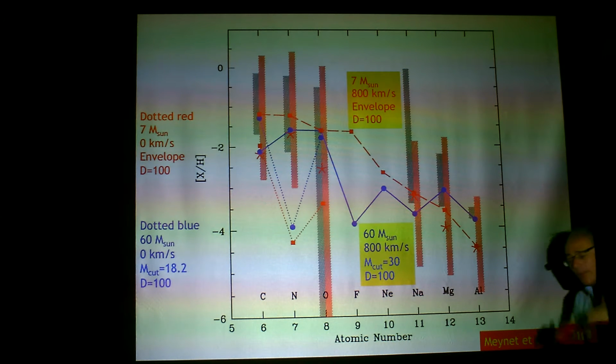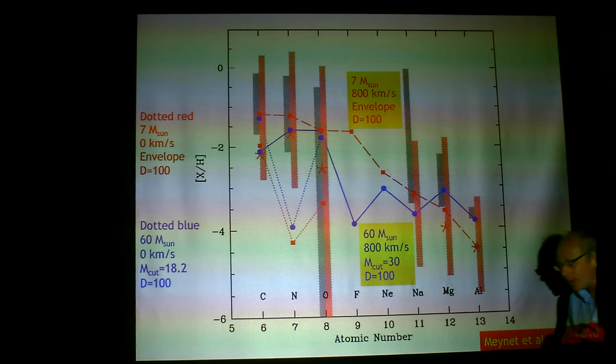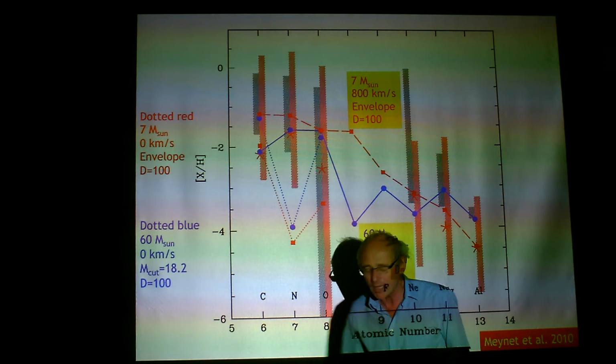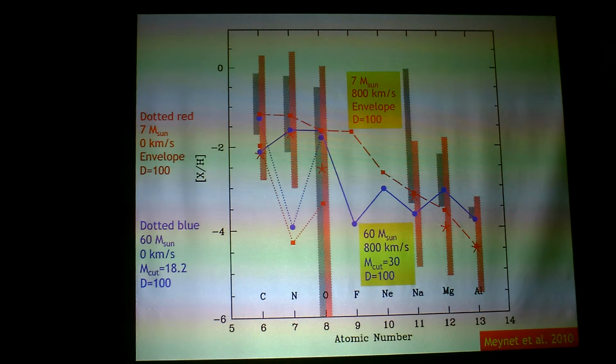This is the point. But still there is a strong gradient of omega, which may be sufficient to trigger mixing. I am not sure that it will completely cancel any mixing of this type. But this, of course, has to be checked. The second point is that this observation was related to low mass stars. We are speaking about high mass stars. We don't know if it's the same.